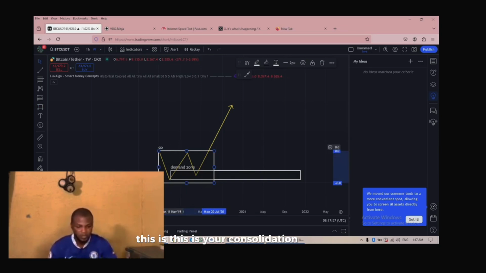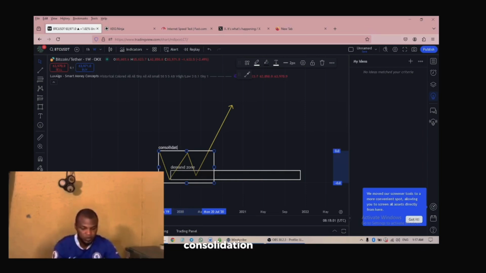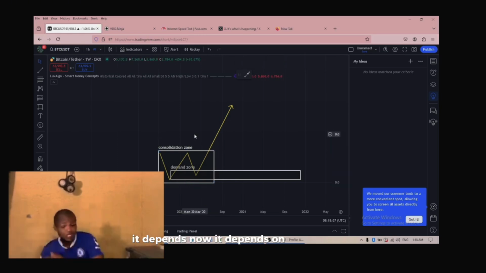This is your consolidation zone. It depends on the time frame.